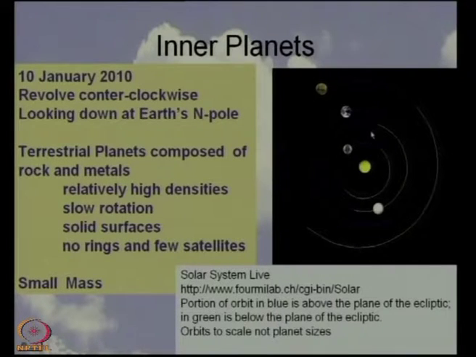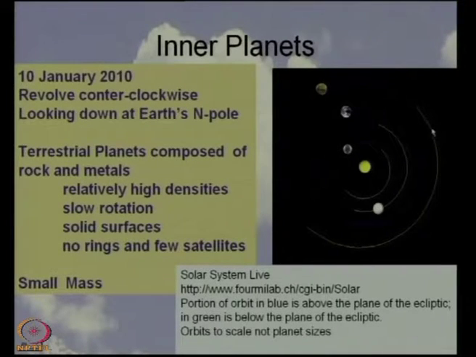So, the orbits are slightly inclined and cut the ecliptic plane, and a part of the orbit lies above and a part lies below. The ecliptic plane is the motion of the earth around the sun, or if you sit on the earth, the sun appears to move along that curve. This shows you which part of the orbit is above and which part is below.